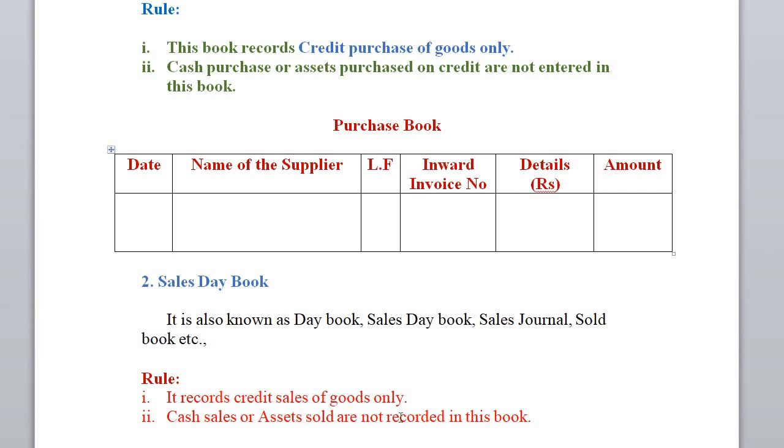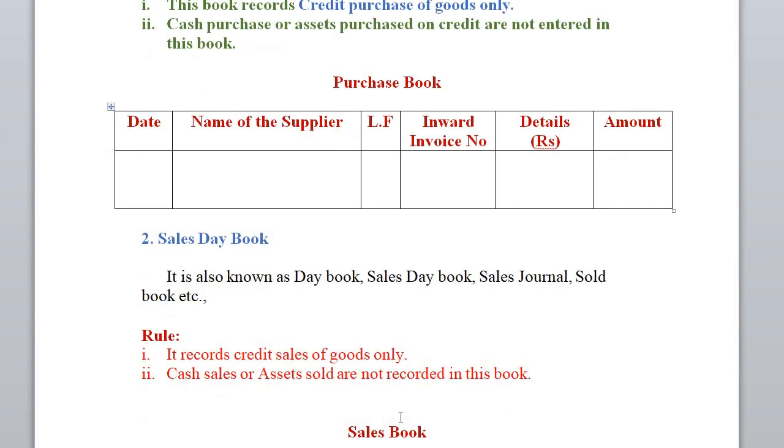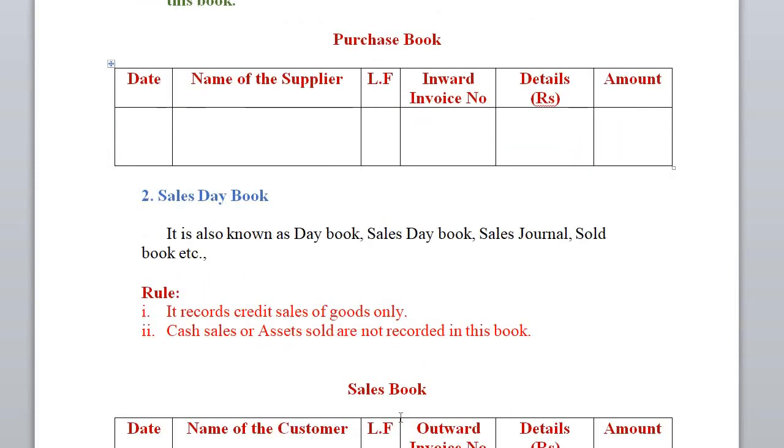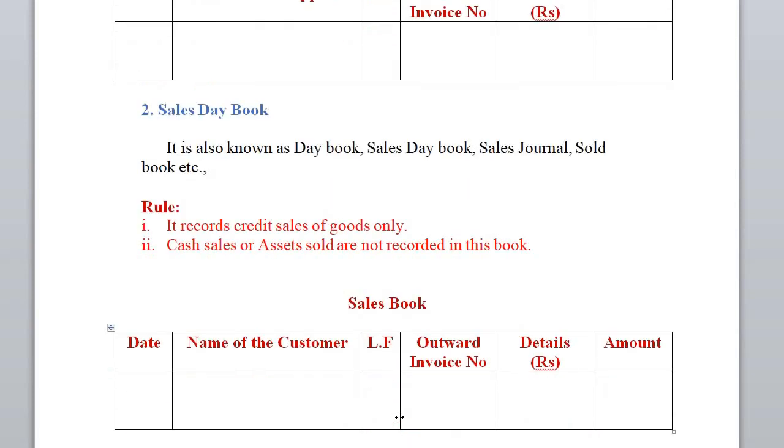The same in the sales book, we are going to record only the credit sale of goods alone. The cash sales and cash and credit sale of assets are not recorded in this book. We are going to see the pro forma of the sales book.